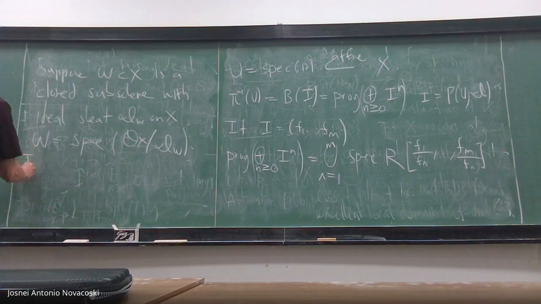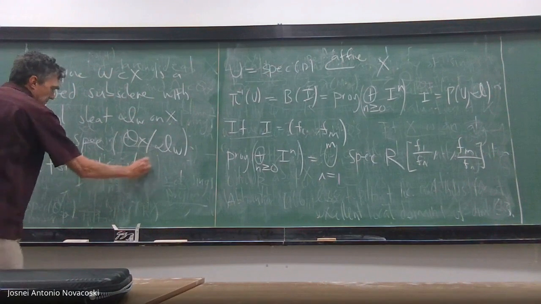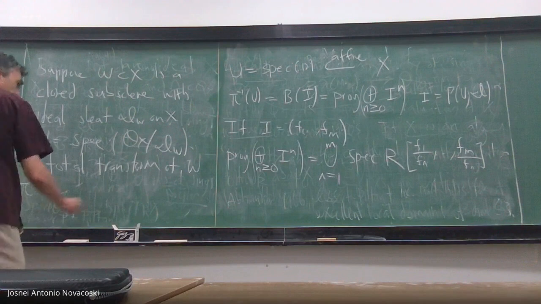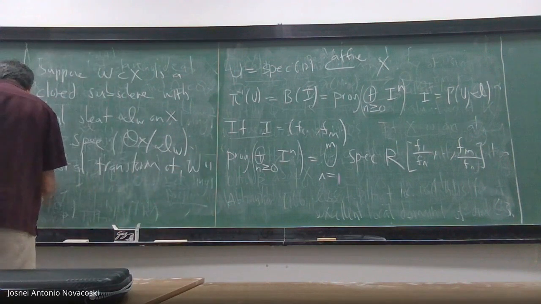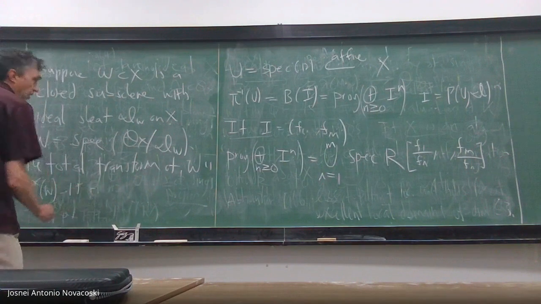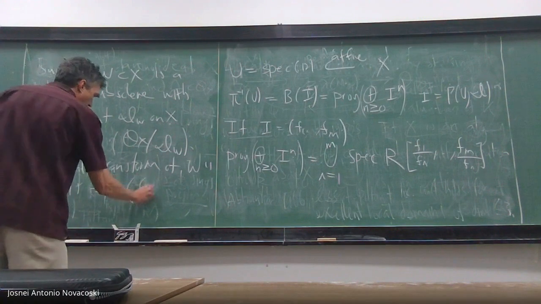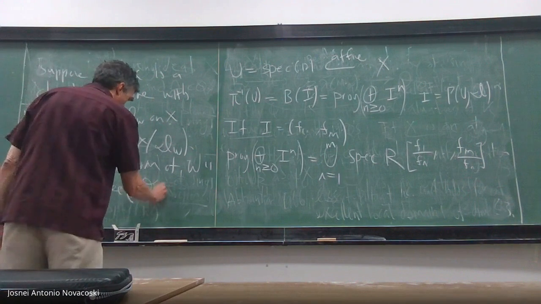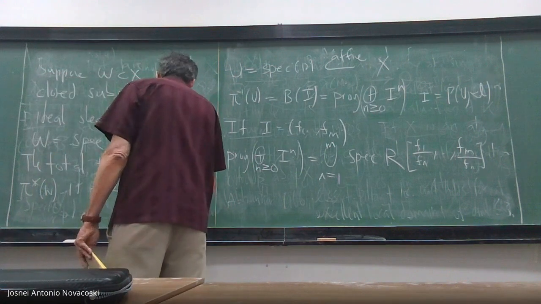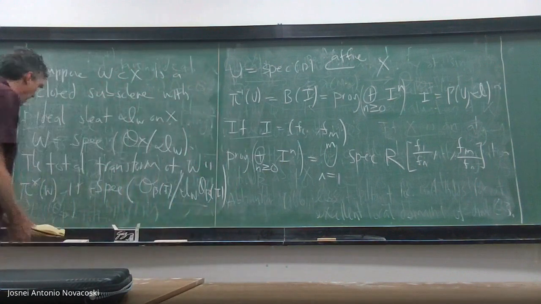So the total transform of W is just the preimage of W. This is the subscheme, which I'll write as the Spec of O_BI, and then you mod out by IW times O_BI.